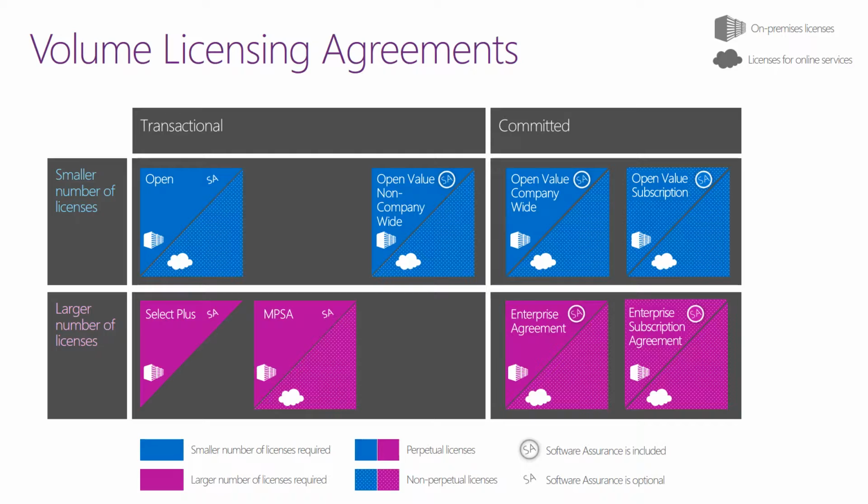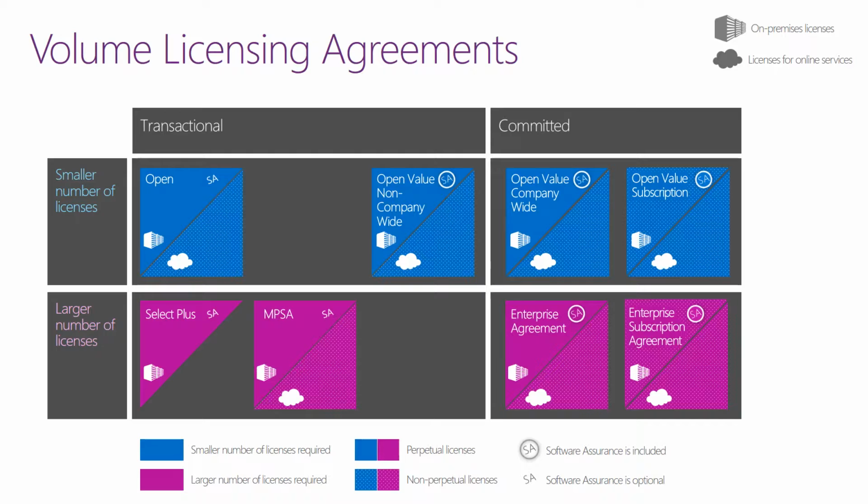We can see that the MPSA, the Microsoft Products and Services Agreement, is placed in the diagram next to the Select Plus agreement, and this is what customers should move to. It's a transactional agreement, allowing customers to buy perpetual licenses for on-premises software with or without SA, but it also allows them to use the same agreement to buy subscription licenses for online services too.